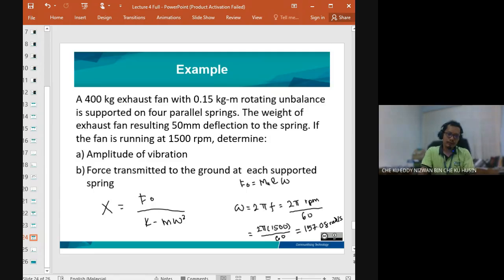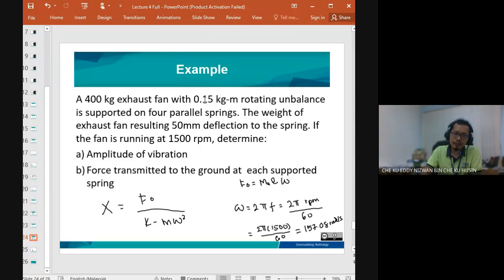Okay, so X is equivalent to F naught over K minus m omega square. F naught is not given, but the information of the rotating unbalance is given. So we know that the rotating unbalance F naught is equivalent to m_u e omega.